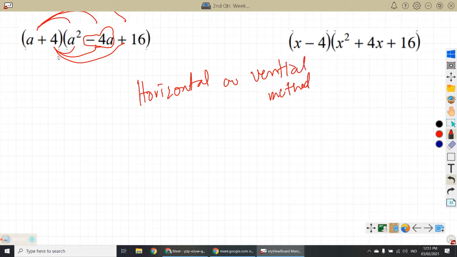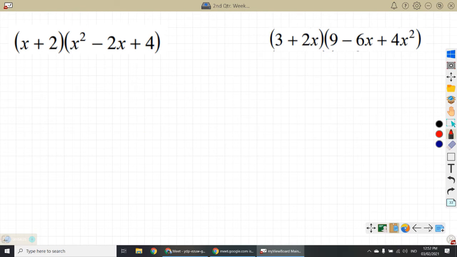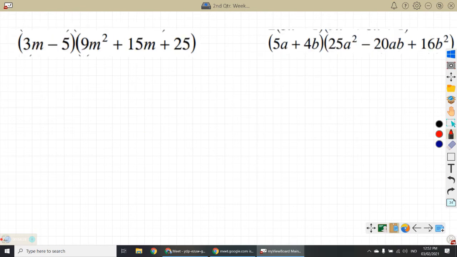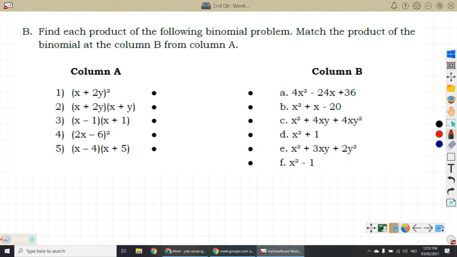Okay? So, pwede natin itong kunin through horizontal method, pwede rin natin itong kunin through vertical method. The same ang magiging answer, kahit pa hindi tayo gumamit ng special products. Ulitin ko, para saan ang special products? These are shortcuts. Okay, lalo na pag nagko-compute tayo ng mga mahaba na solutions. This becomes a shortcut.